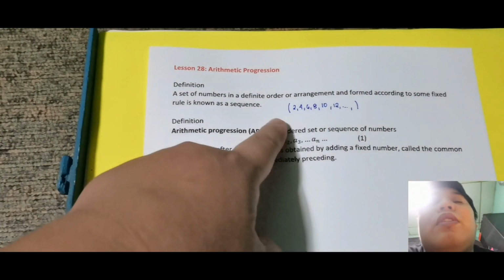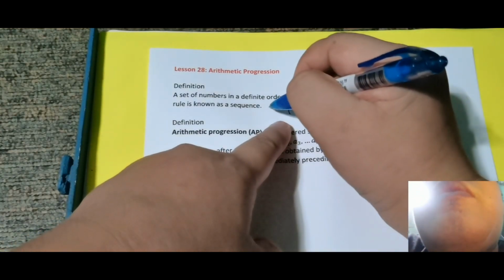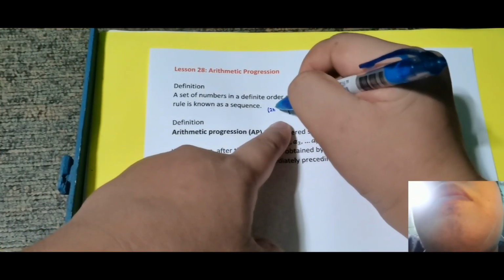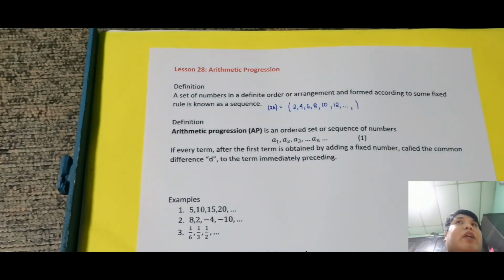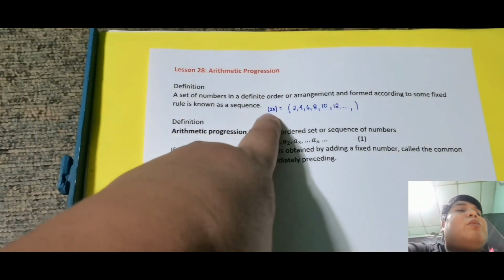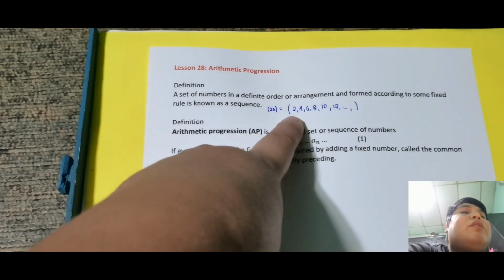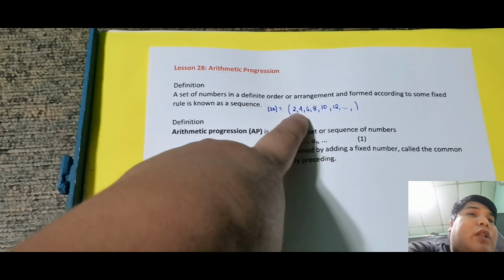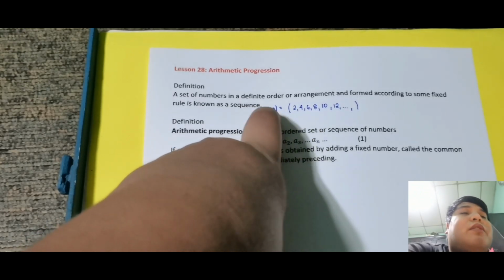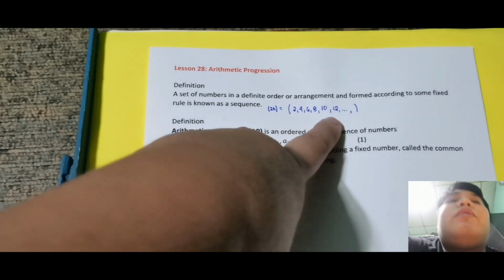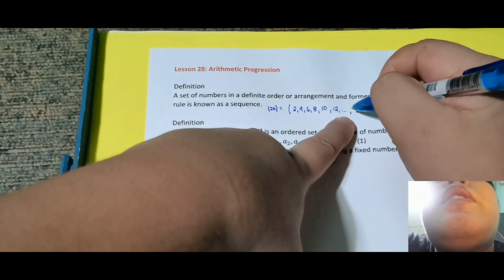Let's say itong sequence na to ay 2n, for n is an element of the integers. For n equal to 1, that is 2 times 1, 2. For n equal to 2, that is 2 times 2, 4. For 3, that is 6. 4, that is 8. 5, that is 10. 6, that is 12, and so forth and so on. Ganun yung ibig sabihin ni sequence na yan.